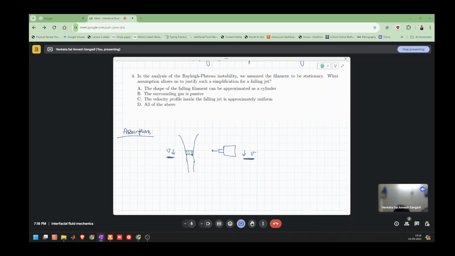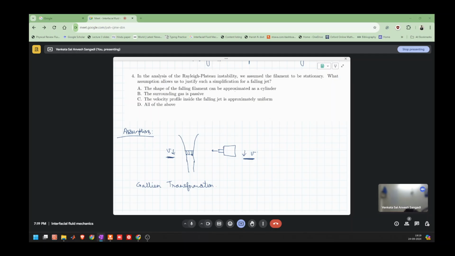This is also known as a Galilean transformation, and this allows us to move from a stationary reference to a moving reference without change in the solution.